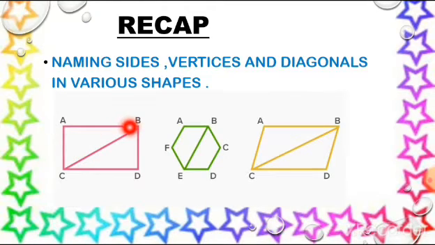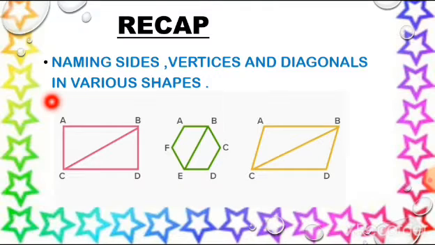AB is a side, BD is a side, DC is another side, and CA is also a side. So AB, comma, BD, comma, DC, comma, CA. This way you can write the names of the sides.